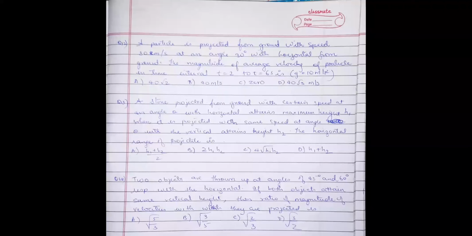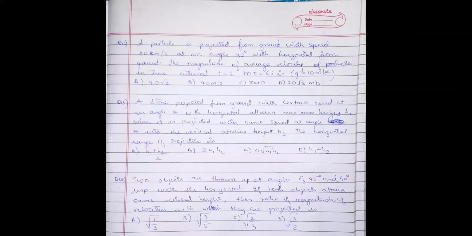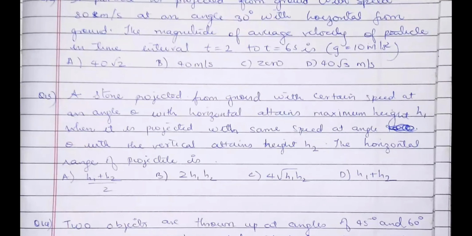Question number 13. A stone projected from the ground with a certain speed at an angle theta with the horizontal attains maximum height h1. Means one stone is thrown at an angle theta with reference to the horizontal, with reference to the ground line.